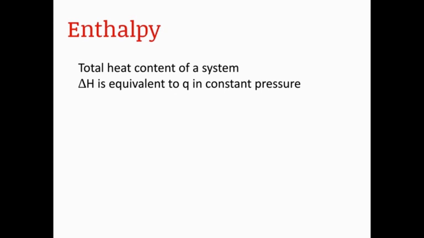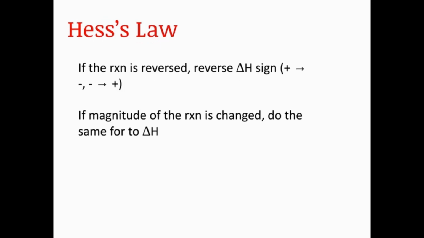Enthalpy, we'll get to more of this in the practice problems that we'll do. But it's just the total heat content of the system, and it's written as change in H, or delta H, which is equivalent to Q at constant pressure. Hess's law, we'll do this more later, and so it'll make sense with the practice problems.